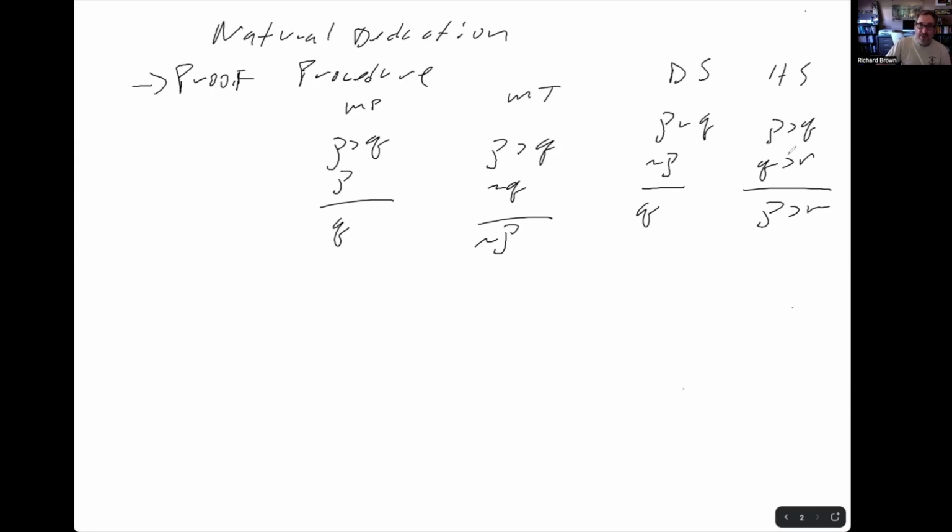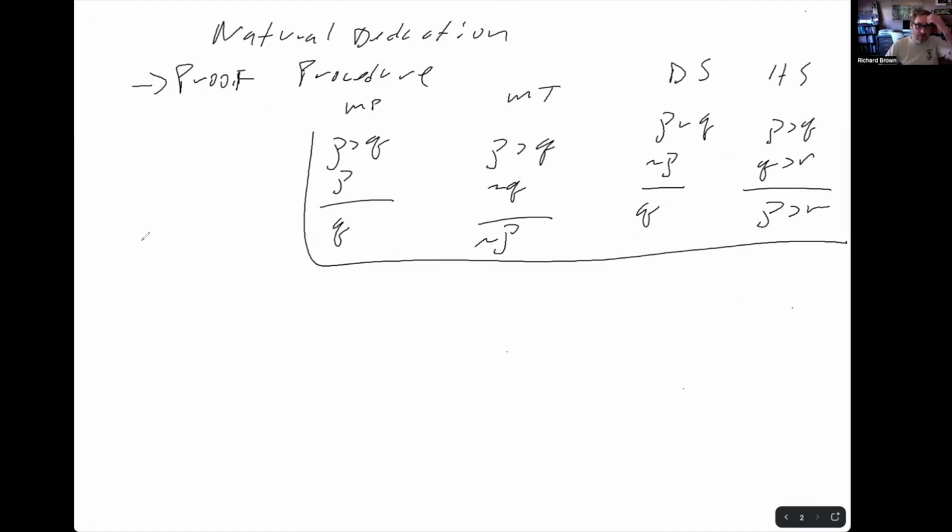And hypothetical syllogism can be thought of as a way of introducing a new conditional statement, with a horseshoe as the main operator. Each one of these has a specific function, syntactically a given function or structure.